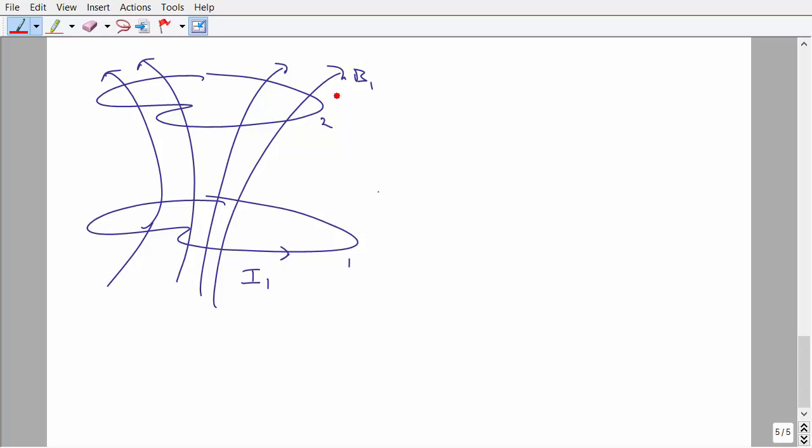Now if this B1 were time varying, it would give us a non-zero integral of E dot dl around this path. So this is very similar to the previous situation, but it's a different loop that produces the changing magnetic field through this area defined by this wire. So we can proceed in direct analogy to our previous discussion, and we can write the following.